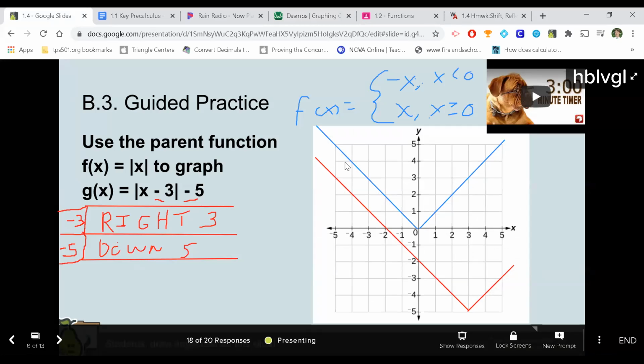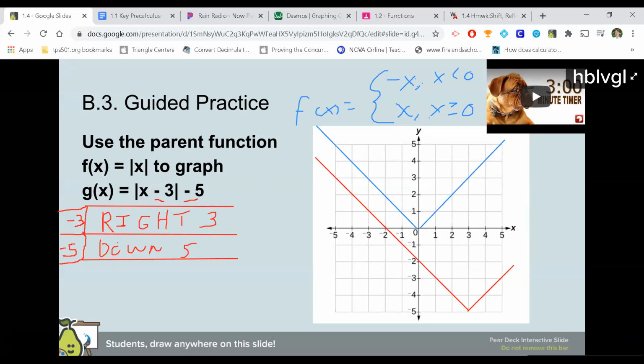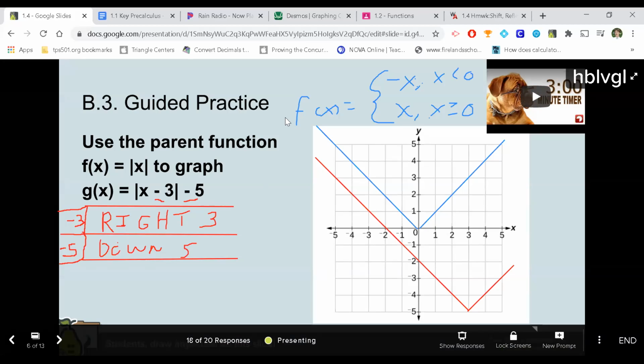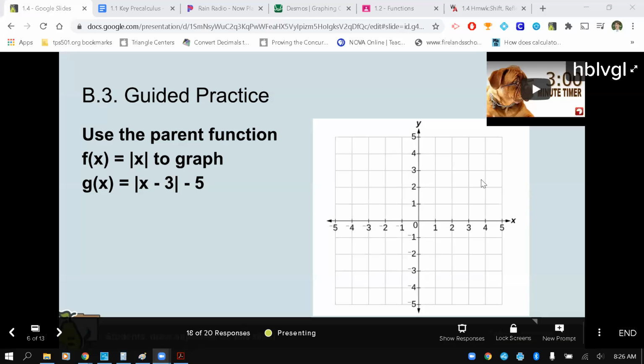Okay, I got to stop share to show you how to do it in the TI-84. Does anyone need to write any of this anymore? No? Happy? Okay, stop share. Share screen. Whole thing. Here we go.